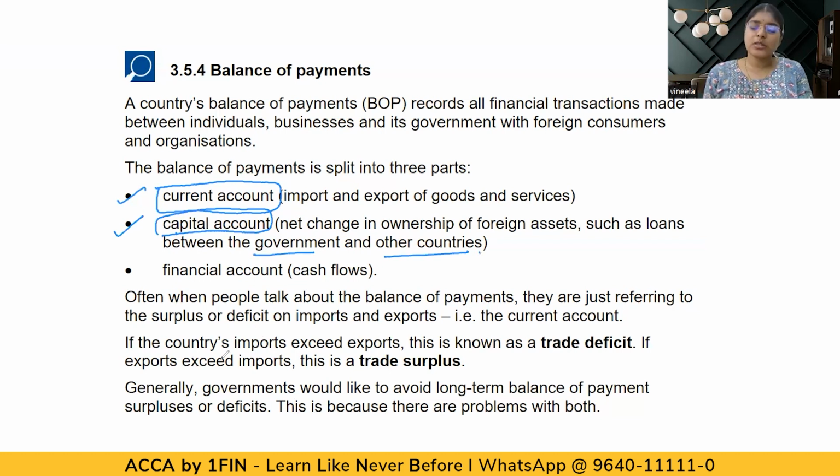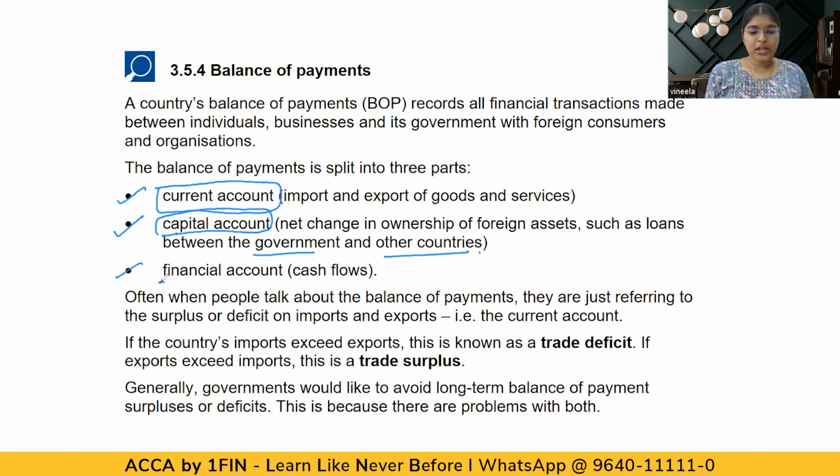Any change in the ownership of foreign assets or any such loans between the government and other countries will come under capital account. See, these were not of a short time period. The short-term sales and purchases in the form of imports and exports are already covered in current account. So the long-term perspective, the assets and loans, will come under capital account.